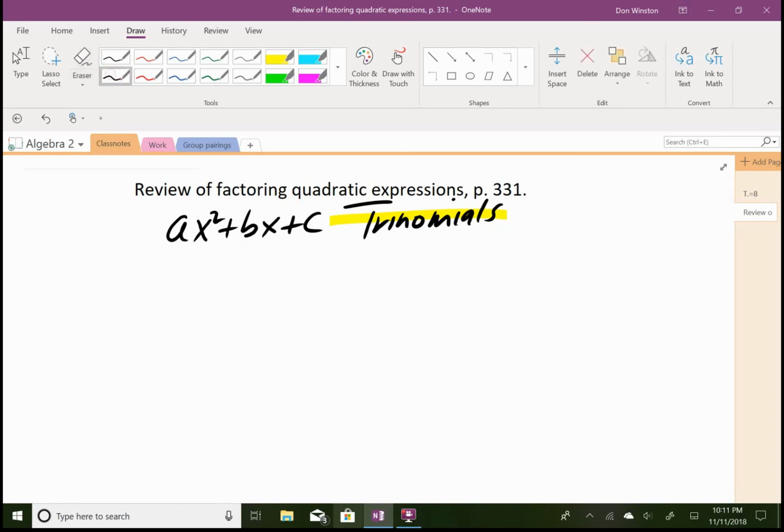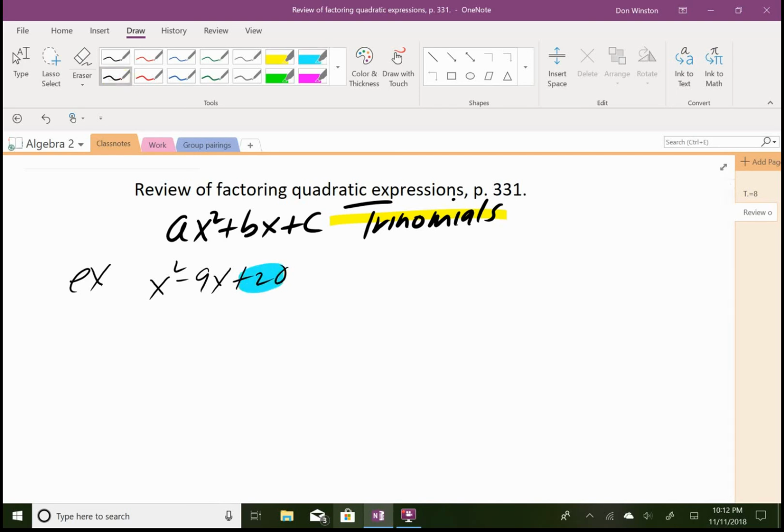Okay, another example here. Let's say I have x squared minus 9x plus 20. Again, we start with finding factors of positive 20.